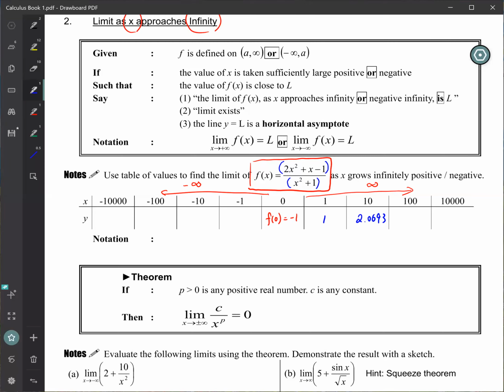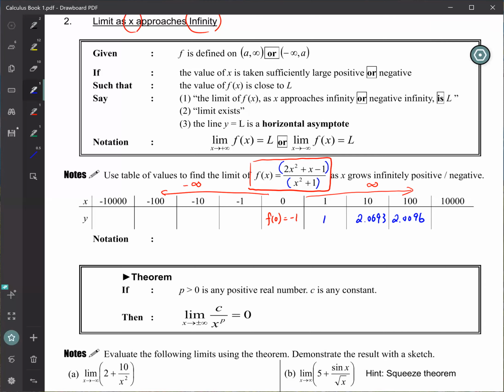Okay, Lex, what's your answer for 100? For 100, I got 2.0096. Thank you. Okay, Nicole, what about 10,000? I have it in fraction. Could you tell me decimal?